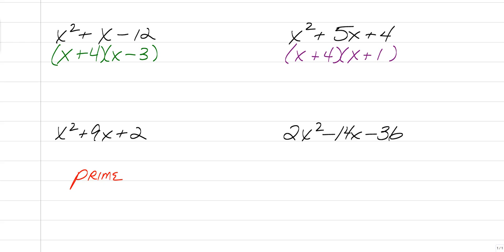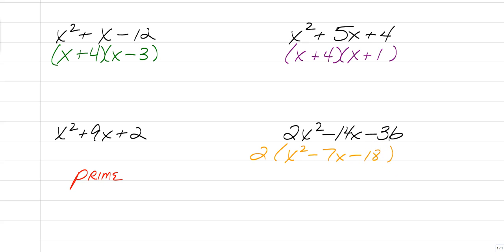Now the second one is actually a two-step problem. If you go back to our last video on factoring, you first learn how to factor out a GCF. So the greatest common factor of 2x squared, a negative 14x, and a negative 36 is a 2. And what happens is you are left with an x squared minus 7x minus 18 on the inside.